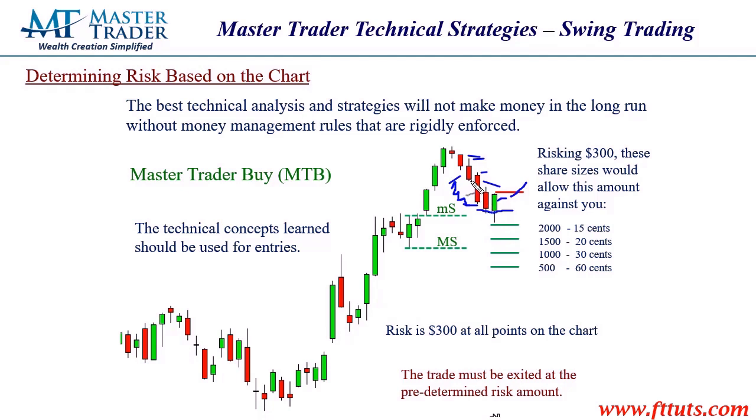However, let's assume that the pattern is just as it exists right now, or maybe it doesn't have this bottoming tail bar, and it just got this 2-bar 180 type of reversal. At that point, I might consider a bigger stop. Well, 15 cents sounds great, and more shares to make more money to target.